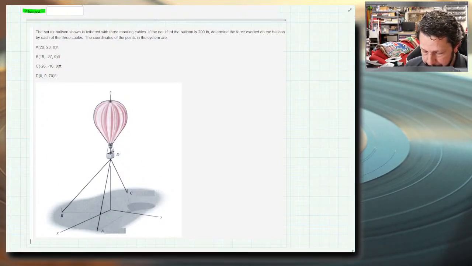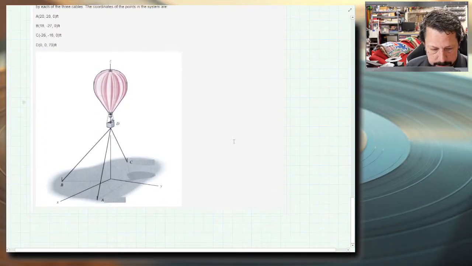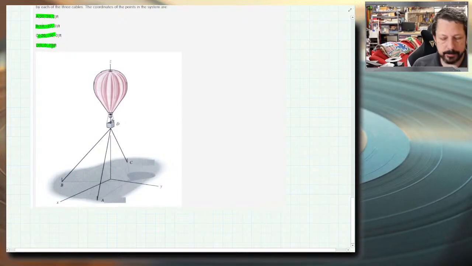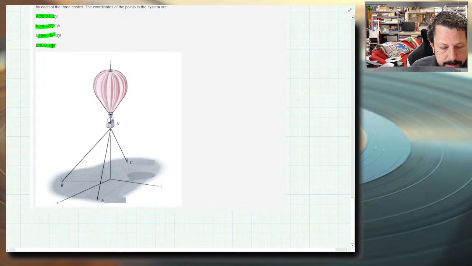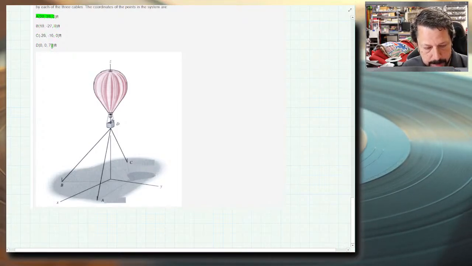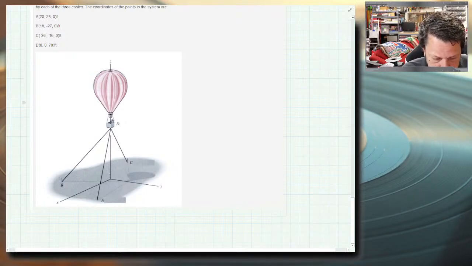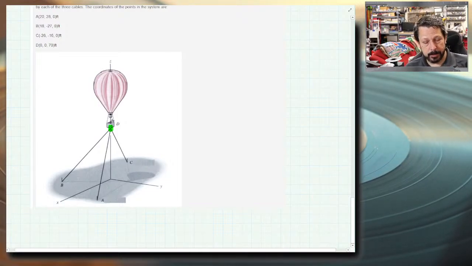Now this one does simplify things a little bit because it gives us coordinates for the different points. That saves us a little bit of time, but there's an issue with it that we need to look at, because where they're measuring everything from is down on the ground level, and the concurrent point of this balloon and cables is up here at D. It is way better when you're solving one of these if you put your origin at the concurrent location.